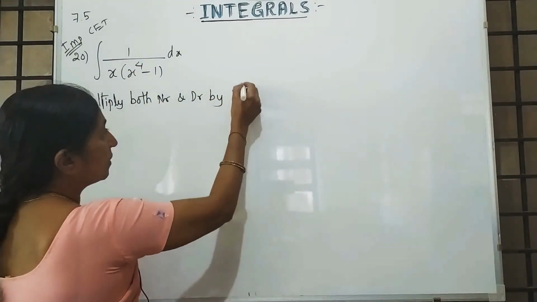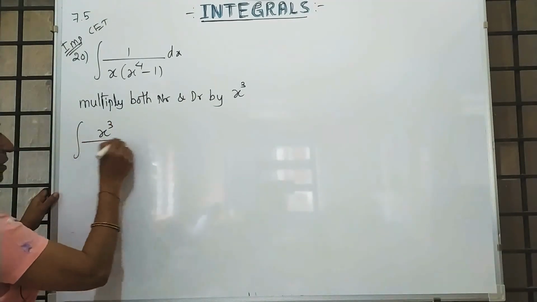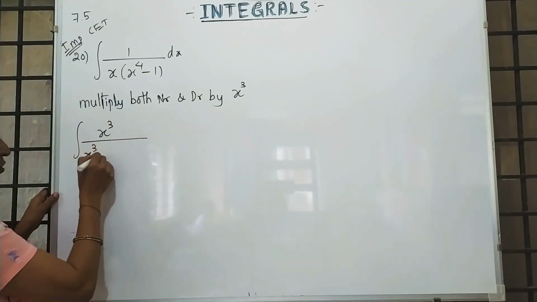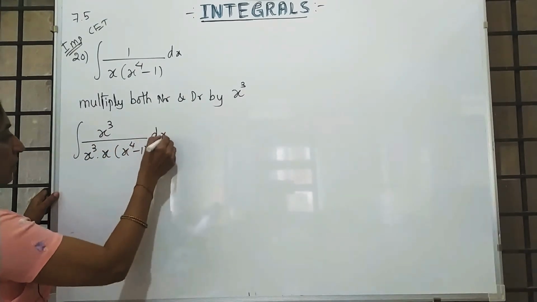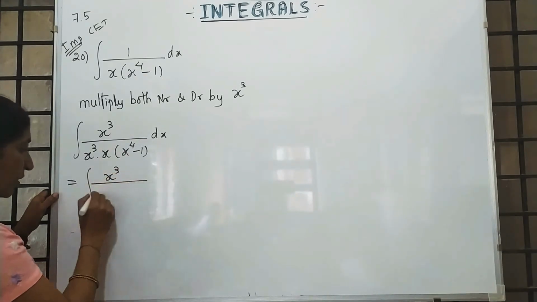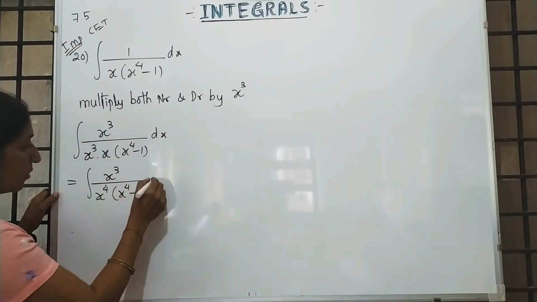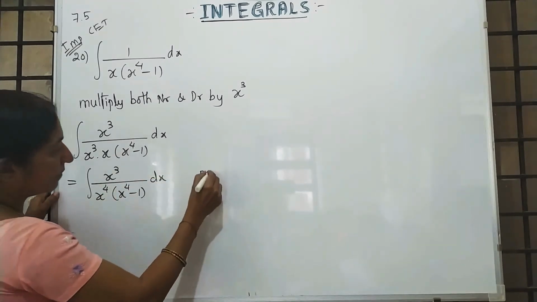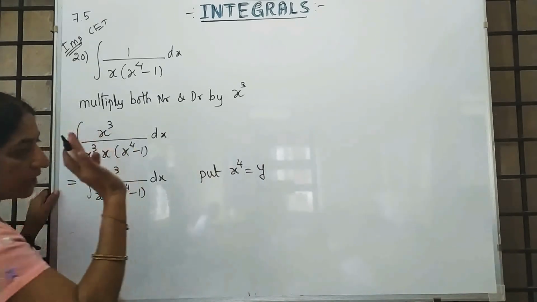X cube. It is x cube upon x cube into x raised to 4 minus 1. This will be written as x cube upon x raised to 4 into the bracket x raised to 4 minus 1 into dx.